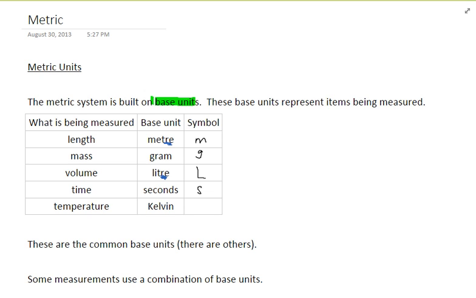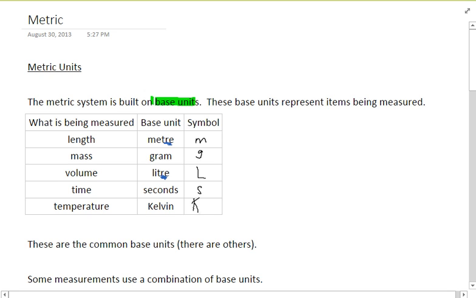The difference between one unit on the Kelvin scale is exactly the same as the difference between one degree on the Celsius scale. The only difference is that the Kelvin scale doesn't have any negative numbers on it. It starts at absolute 0, and you'll talk a lot more about that in chemistry. Its symbol is the K.